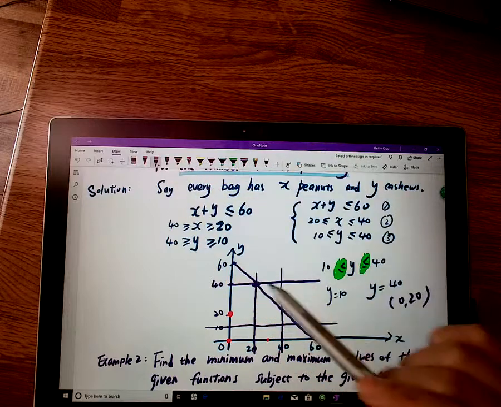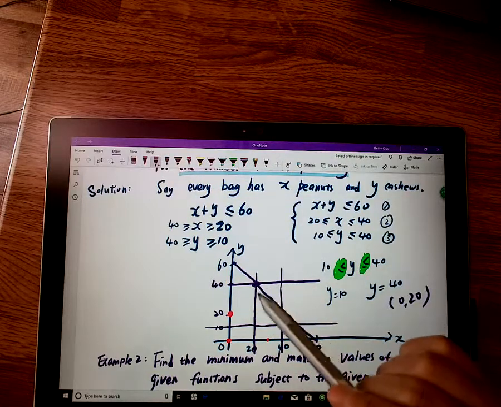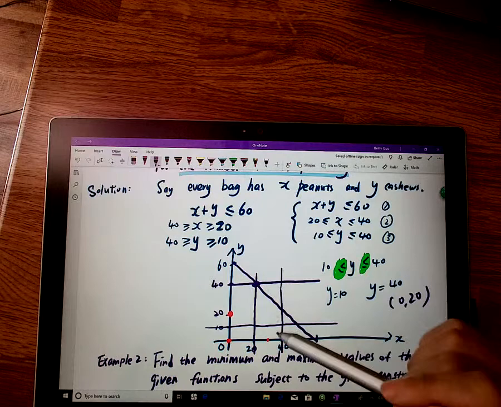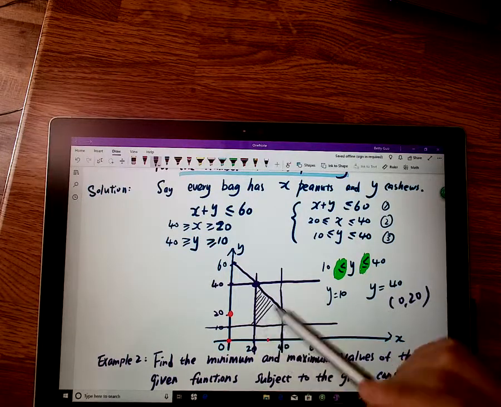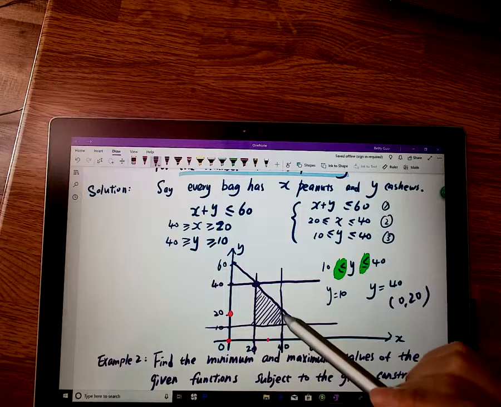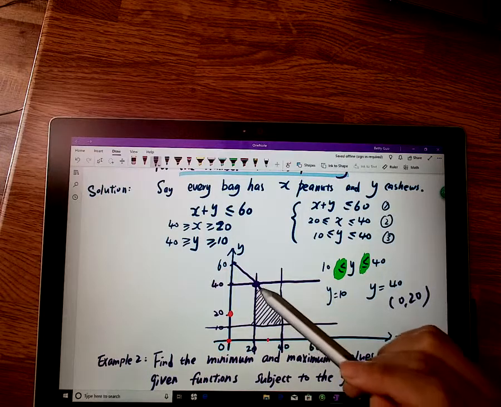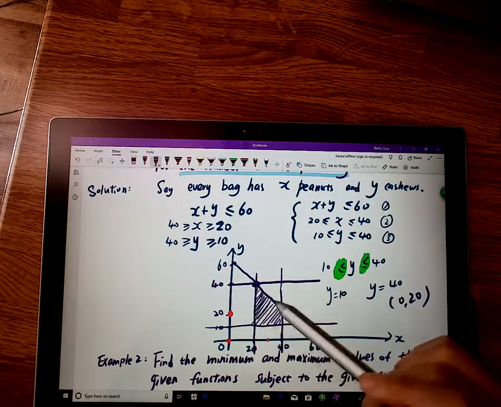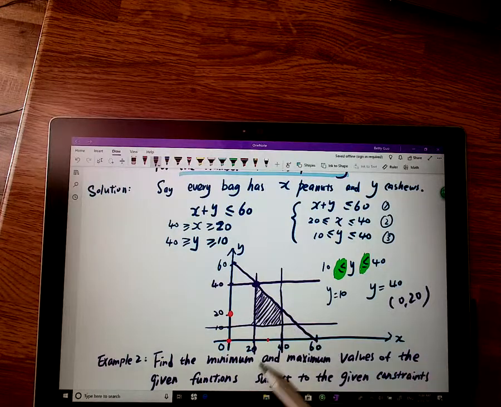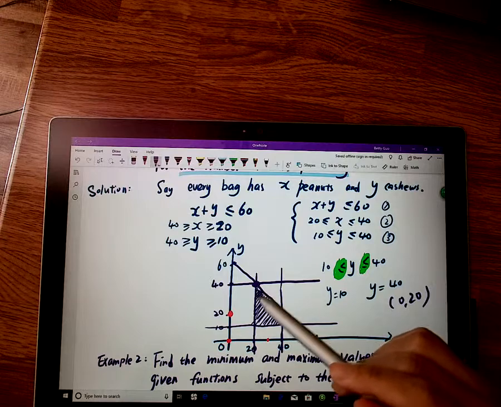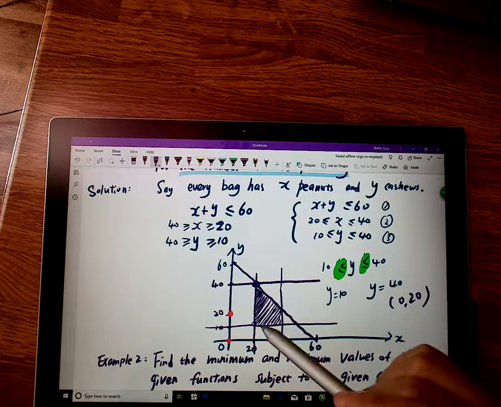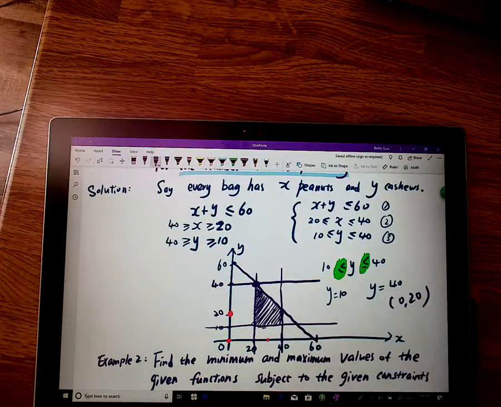The region below this straight line and between the two vertical lines, between the two horizontal lines. You should see this trapezoid region, this region. That's the solution set of the system.